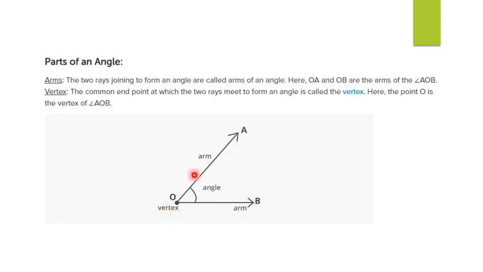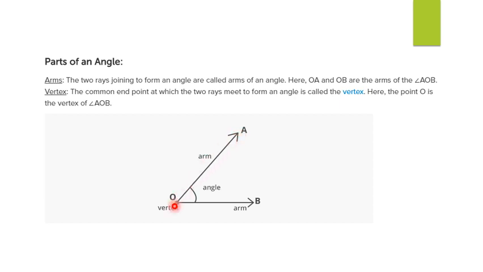When these two lines join together at a common point, which is the vertex, then they form an angle as you can see here. Now, for us to be more specific, we can go on ahead and label our arms using any letters of the alphabet that we would like to.